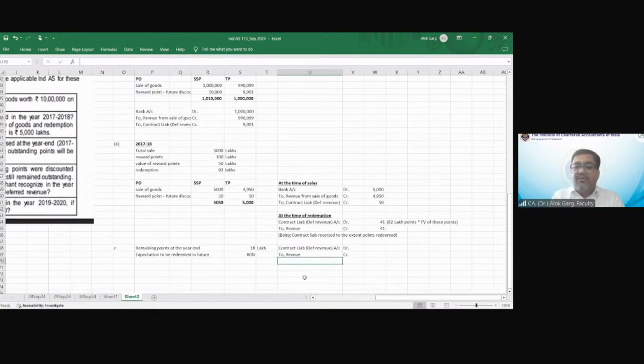By how much amount? Being contract liability reversed to the extent points will be expired. What is the balance point value? 9 lakh. Is that clear?